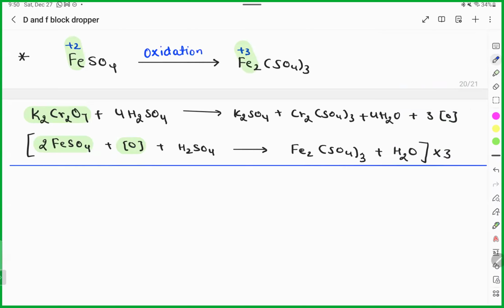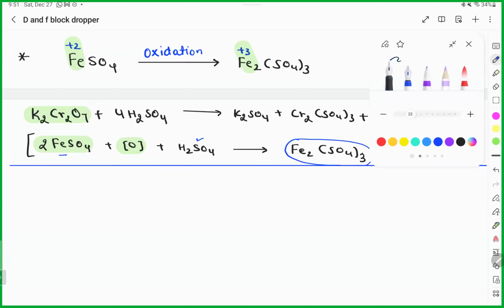Because K2Cr2O7 is an oxidizing agent, it will convert Fe2+ into Fe3+. So if FeSO4 converts into this, then you need H2SO4 also to proceed with this reaction. When FeSO4 reacts with H2SO4, then this and water both will be the stable products. Any doubt, Sarah?